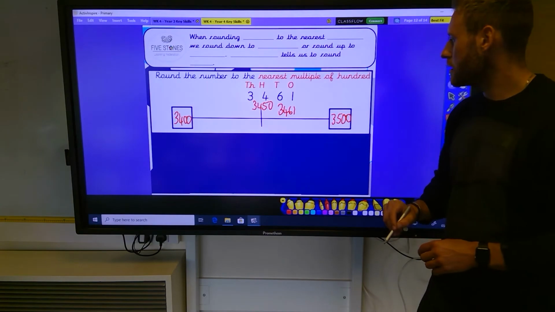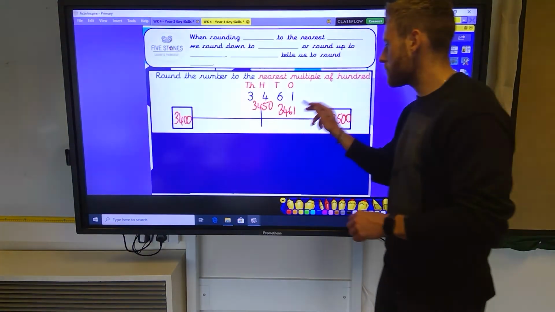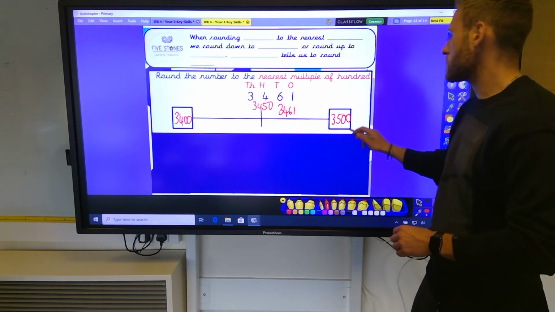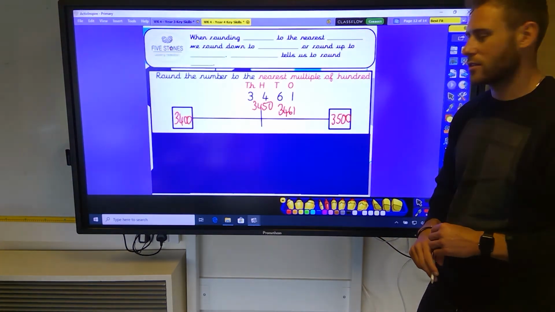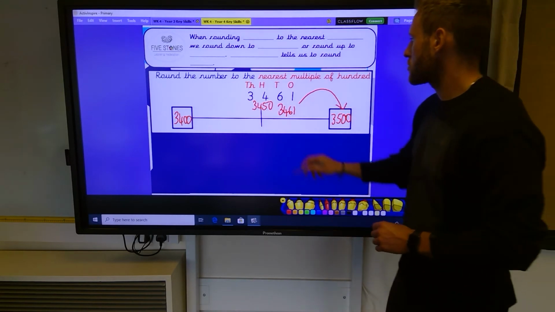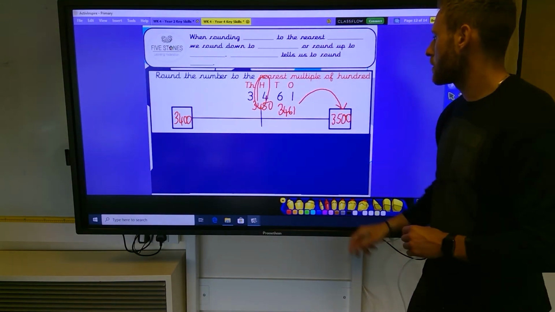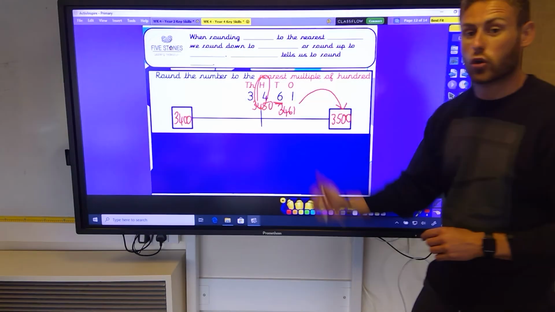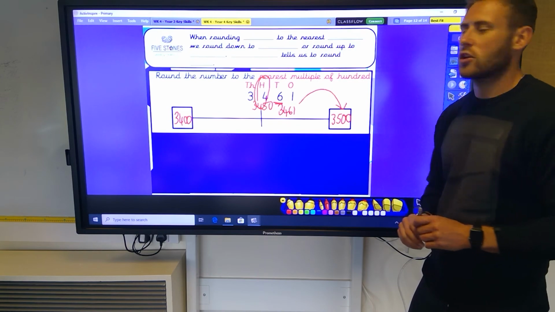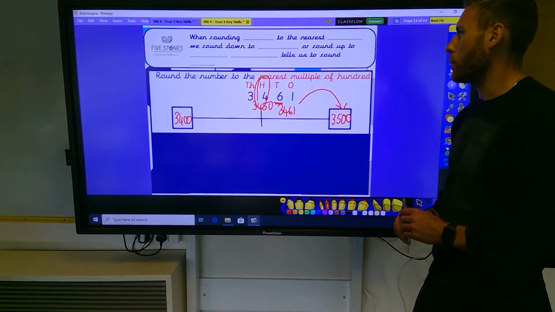So meaning 3,461, is it closest to the multiple of 3,400 or closest to the multiple of 3,500? It's closest to the multiple of 3,500. So we're looking at our hundreds column, and our tens, the one to the right, tells us we are closer to the multiple up, so we're going to round up.